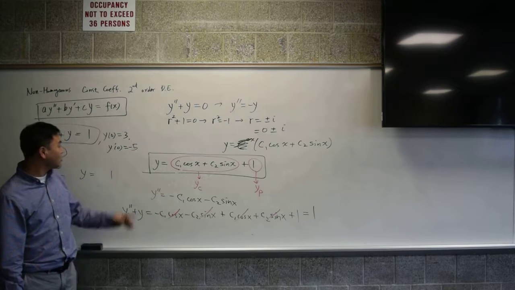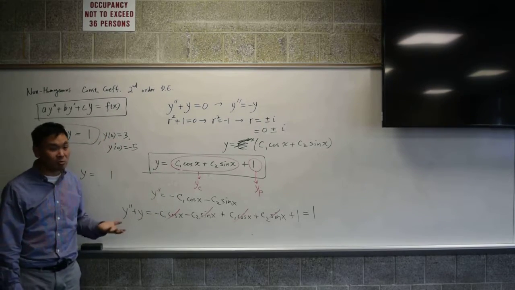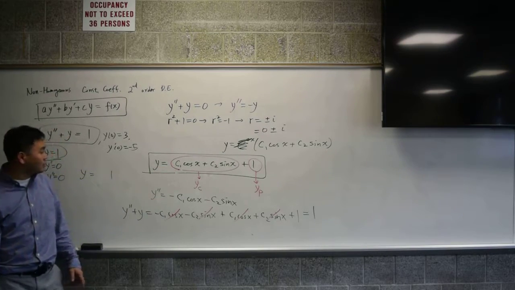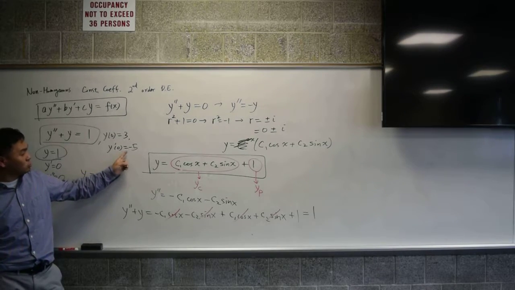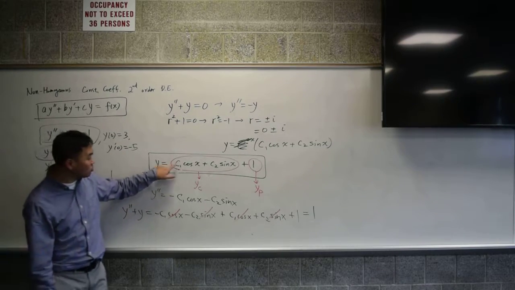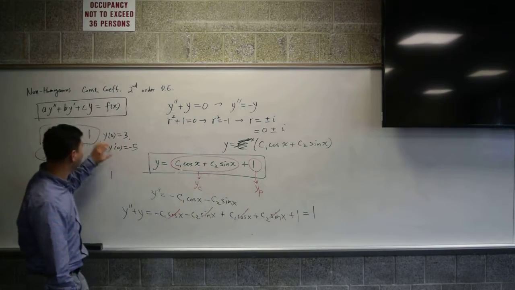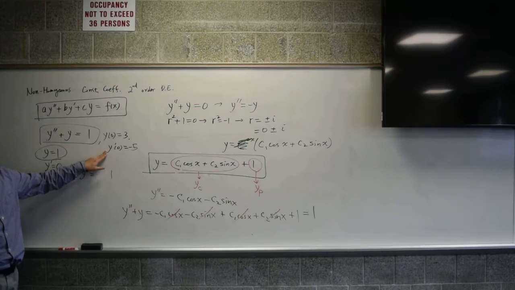Right? If you plug in 0, you know that C1 plus 1 should be 3, so C1 must be 2. Okay, so this should be 2. And if you differentiate this, you get C2 cosine x, so C2 should be -5. So if you have 2 cosine x minus 5 sine x plus 1, that will be a solution of this differential equation satisfying these 2 initial conditions.